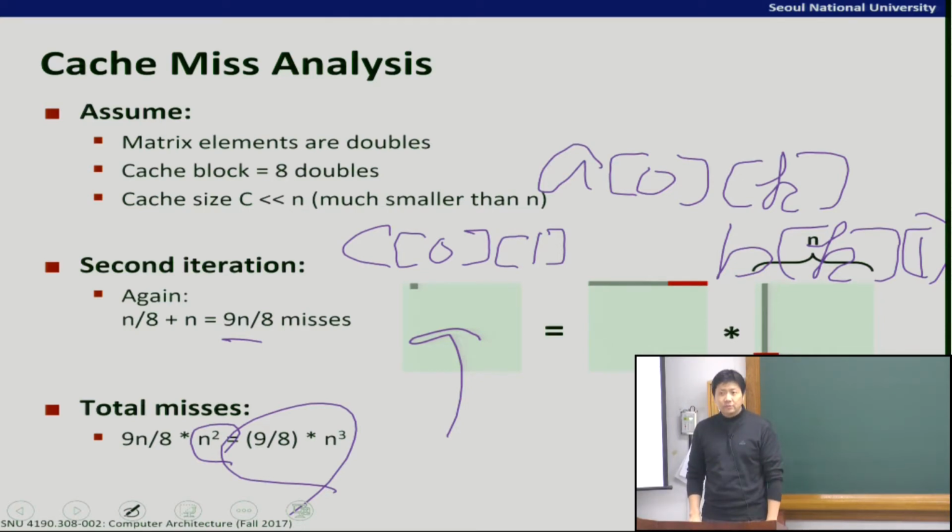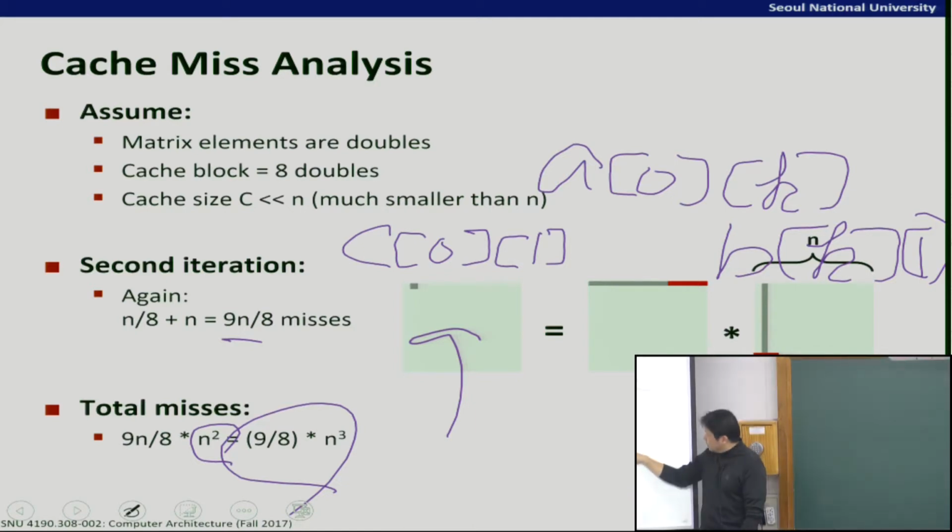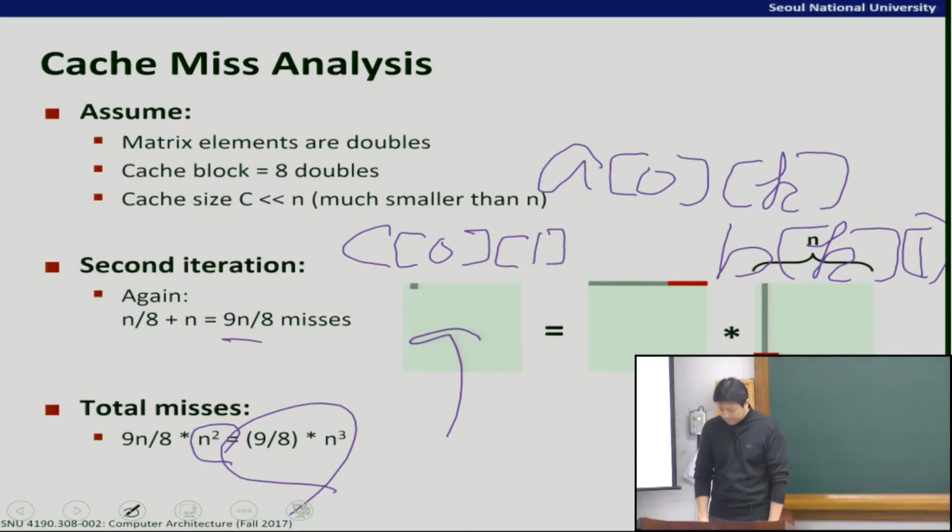Okay? Actually, can you do better? The answer is yes, because the point is there is some waste here, right? Even if we load this entire red box into the cache, we only use a tiny fraction of the loaded cache values. Okay? So now we introduce the idea of blocking.